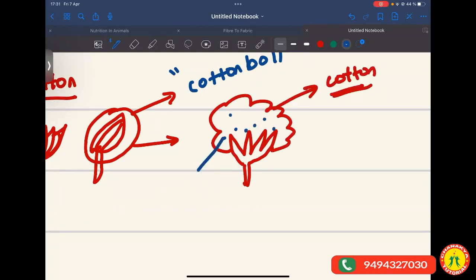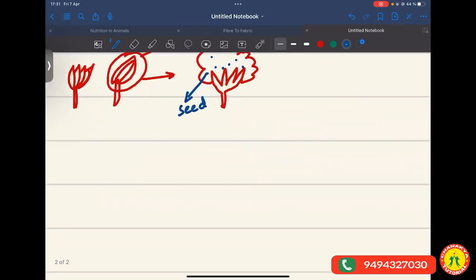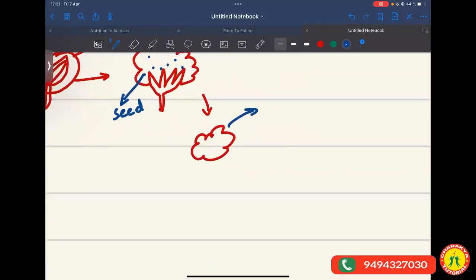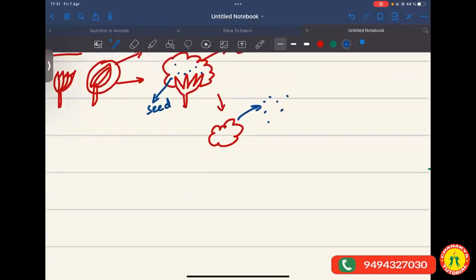This cotton is first extracted. First thing, the cotton is extracted. Just the cotton is removed, and all the seeds are removed. And with the help of a hand, they are combed.